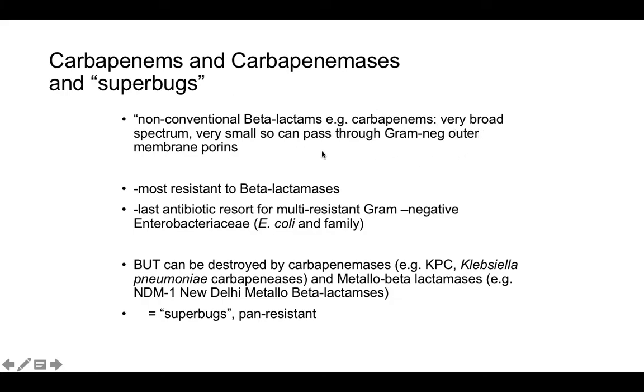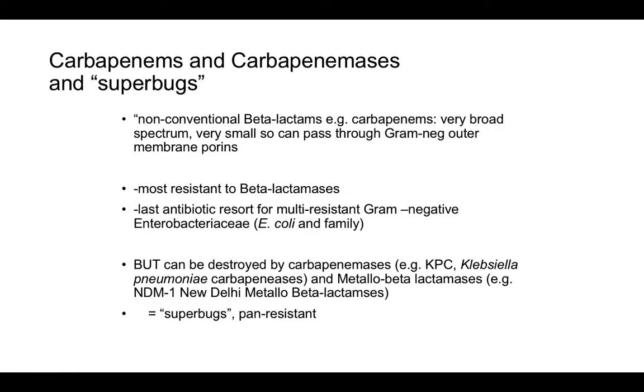They're really, really small, so they can pass through the gram-negative outer membrane porins of most gram-negatives. So these were your go-to drugs if you wanted a beta-lactam, say, to treat a gram-negative infection. And the other thing, you guys, that made the carbapenems so awesome is that most of the bacterial beta-lactamases couldn't destroy them, right? Isn't that awesome?